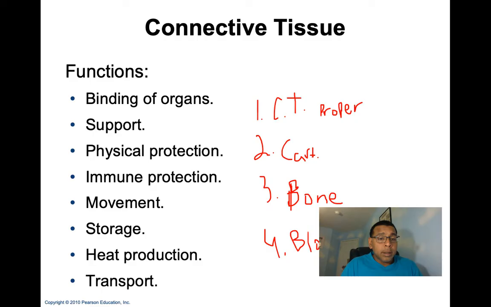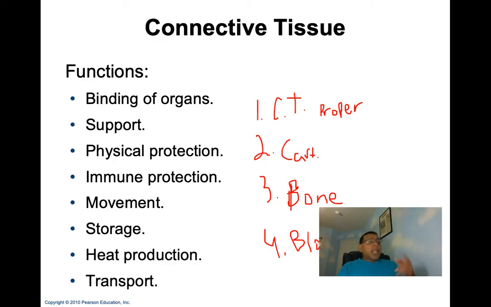Insulating, heat production, movement, storage of reserve fuel, right? We have adipocytes here. Fat gets broken down thanks to cellular respiration. And then transporting substances. So all general functions, but we'll see specifically when it comes to each specific connective tissue, like we saw with epithelial tissue.